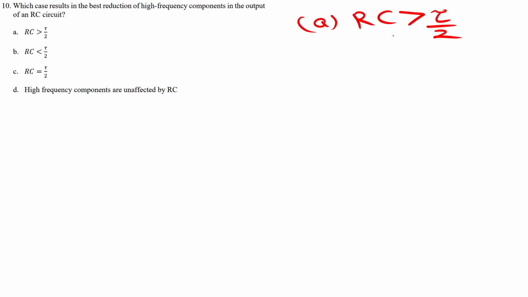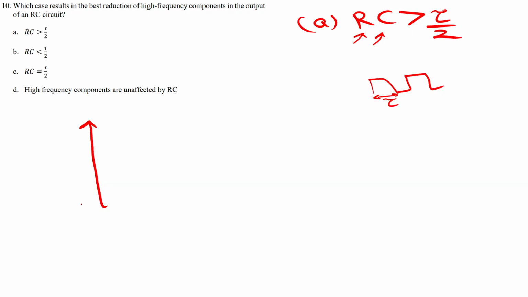If for a RC circuit the product of the resistor and capacitor, R and C, should be greater than tau by 2, it means tau by 2 should be lesser than RC.